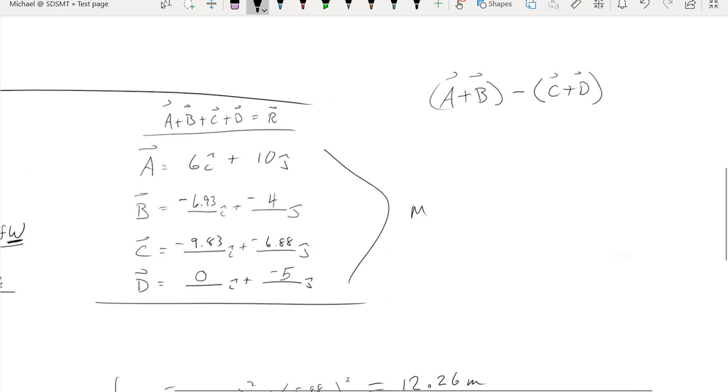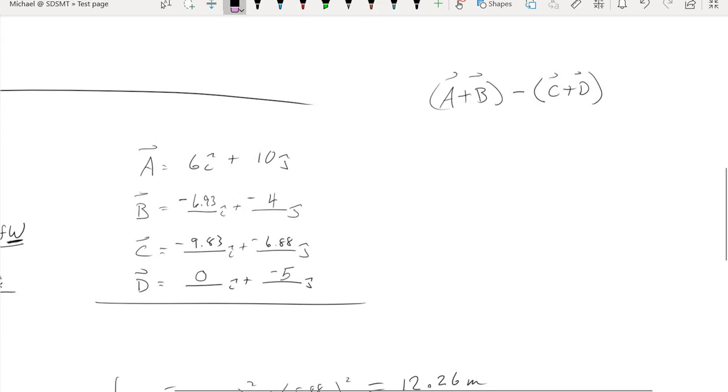Now I've thrown some parentheses in there to kind of throw you, but the parentheses are just part of the order of operations. The parentheses say we need to add A and B together, we need to add C and D together, and then we need to take the difference in the answers. Well, that could be a bit more work than what we really need to do.